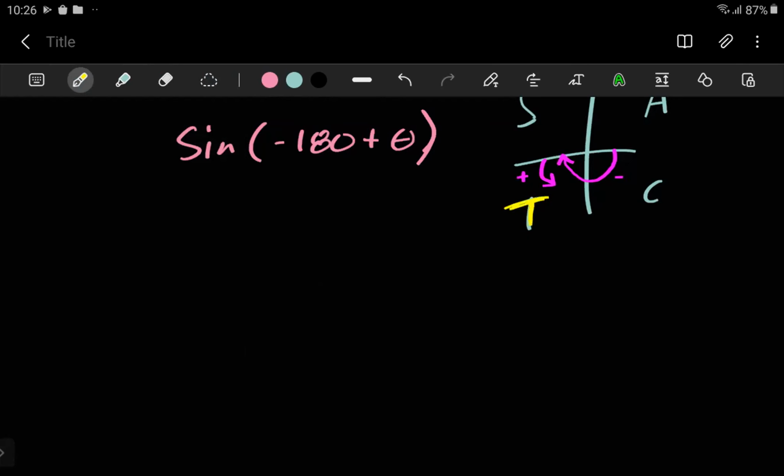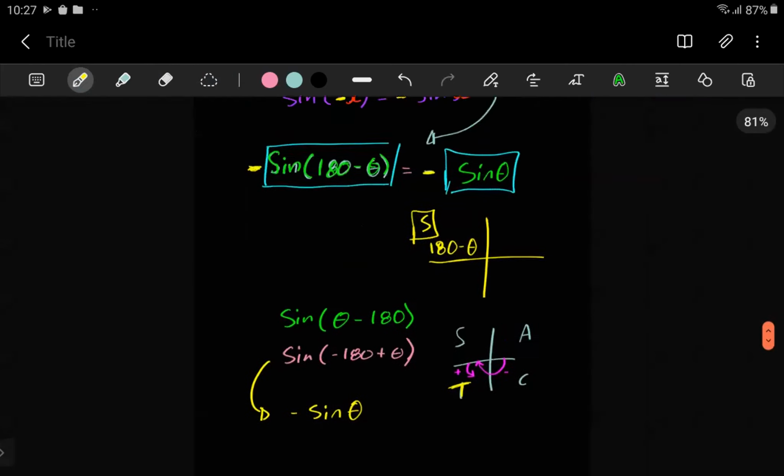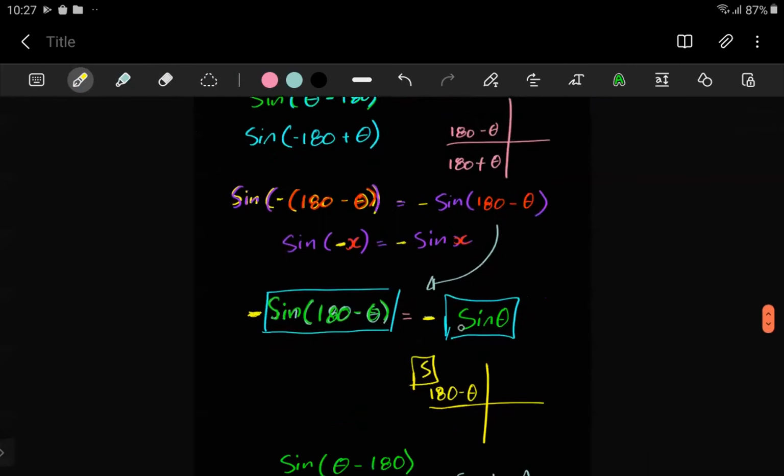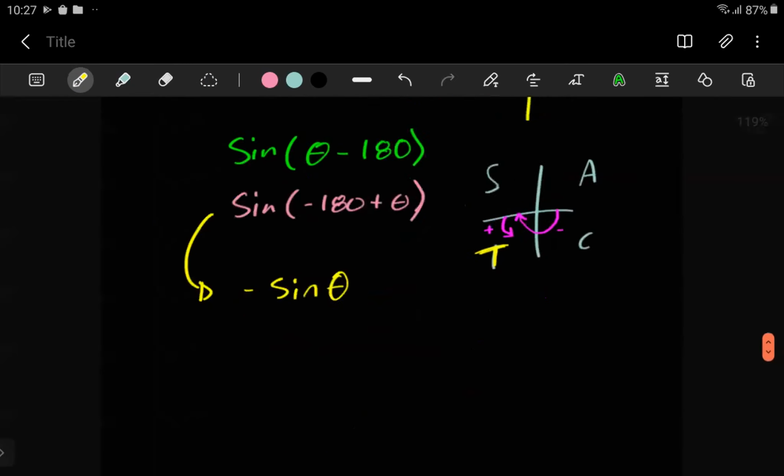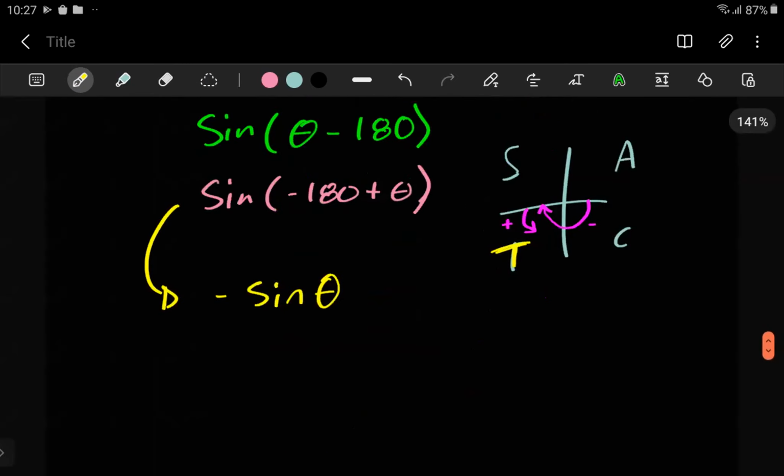So that's how you will know that this here is just going to be a negative sine theta. Because in this quadrant tan is positive, and since you're dealing with 180, you still just have your sine over there. So it's the same idea. All this here still gives you minus sine theta, and knowing this here also gives you a minus sine theta. You see that?